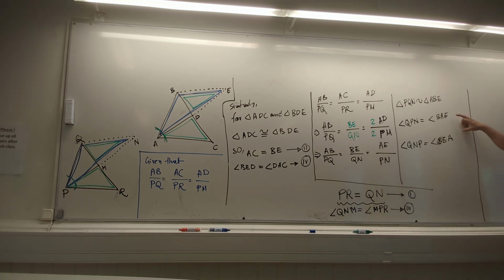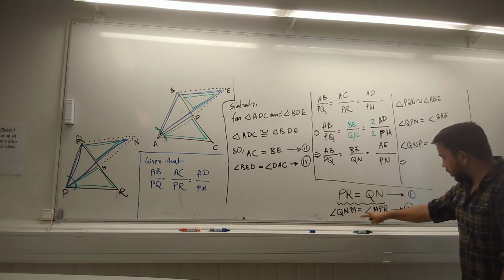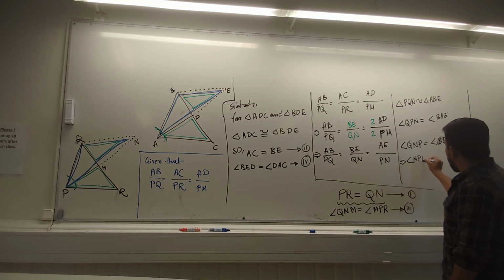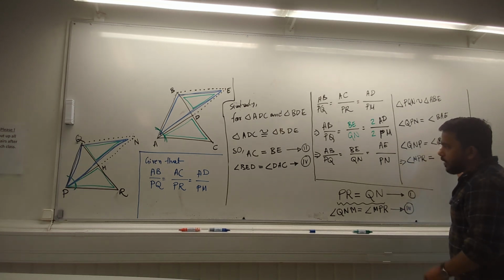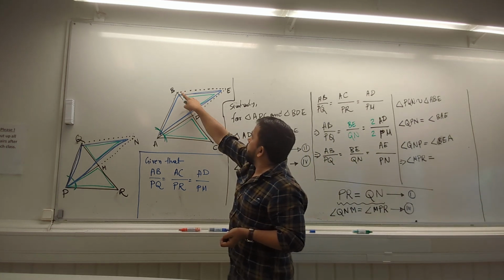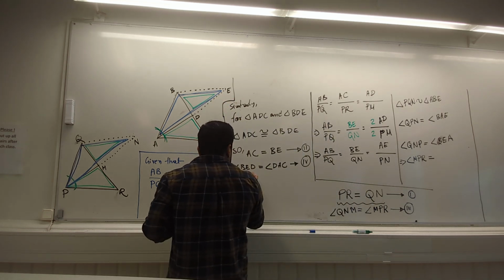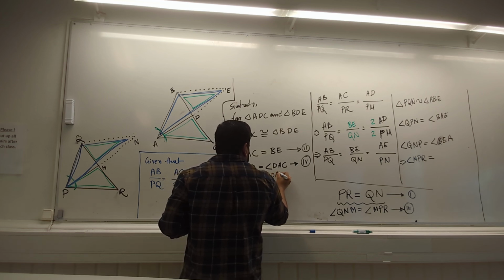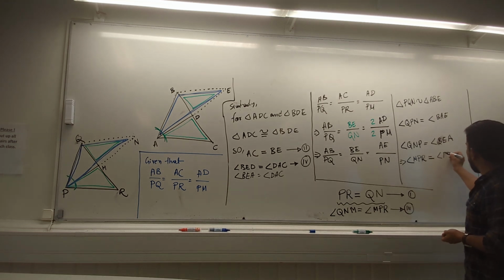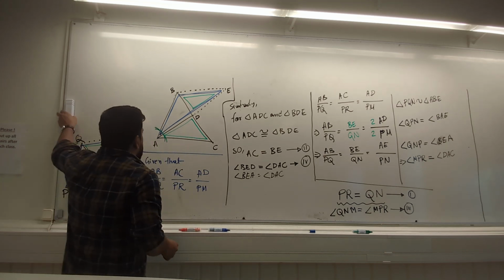Those are two different angles and they are all equal to each other. Now QNP is equal to MPR. Angle MPR is equal to BEA, or rather BED. BED is also the same as BEA. So angle BEA is equal to angle DAC, and here we have the same thing. So angle MPR, BEA, I can write as angle DAC. Right. So far so good.